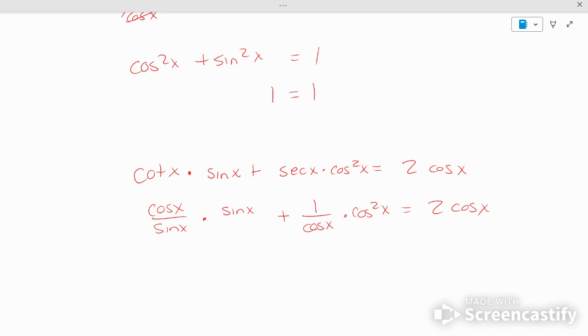Now what can I do? Cancel sine to cosine of x. What else? Cancel a cosine to get cosine of x. So 1 cosine of x plus 1 cosine of x is 2 cosine of x.